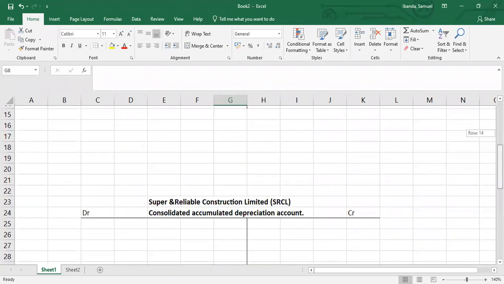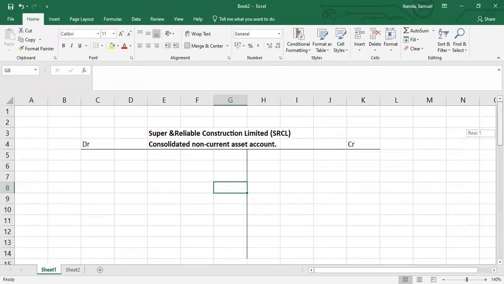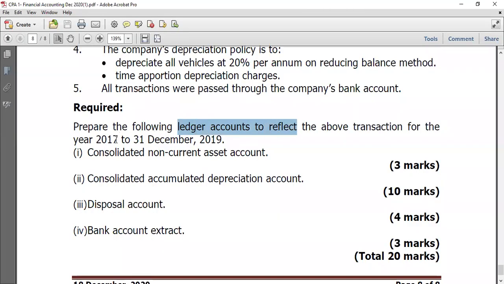So once I come to my accounts here, definitely what I'll first do, remember we are preparing the ledger accounts to reflect transactions from 2017 to 31st December 2019. I think you can see we are starting from 2017.